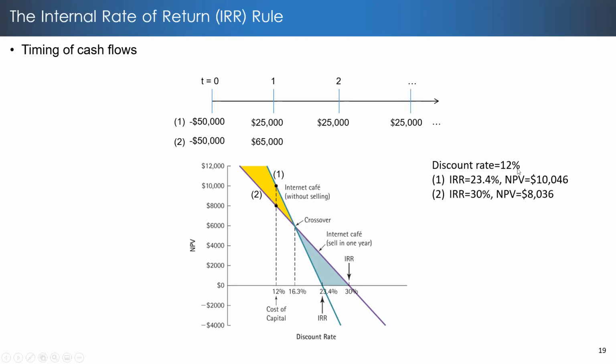So this is the scenario where you can reach different conclusions using net present value and IRR, depending on your preference on other things like time horizon, like uncertainty in the future. Maybe also depending on the nature of different projects.